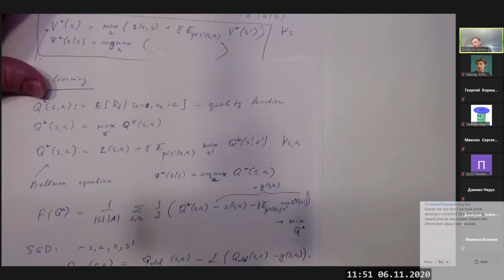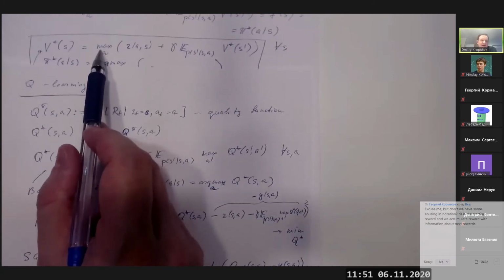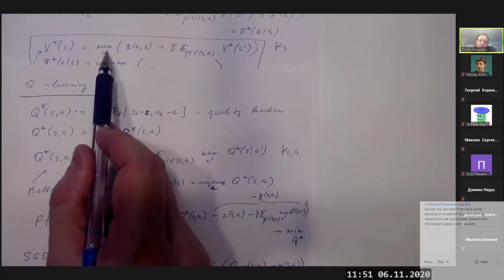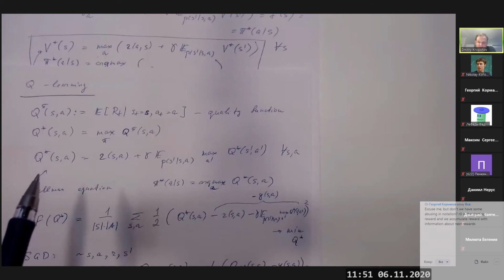This is because of the place of a maximization with respect to actions.